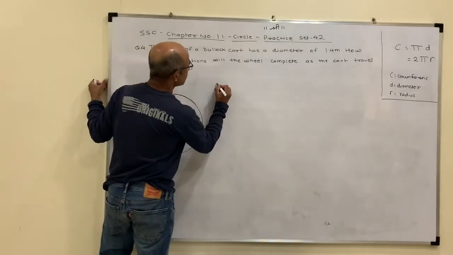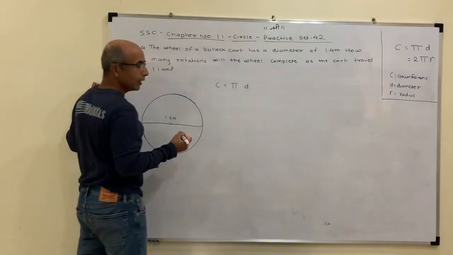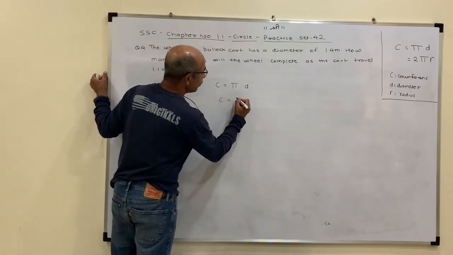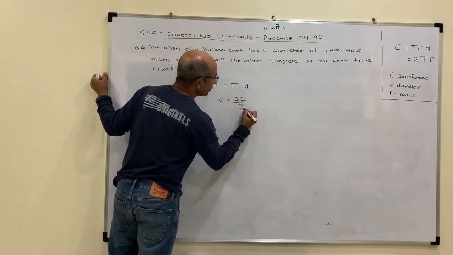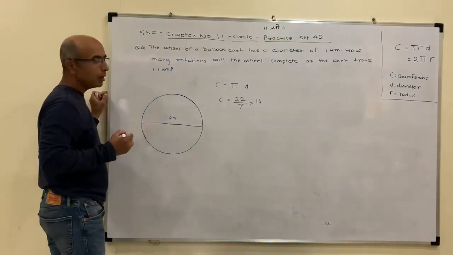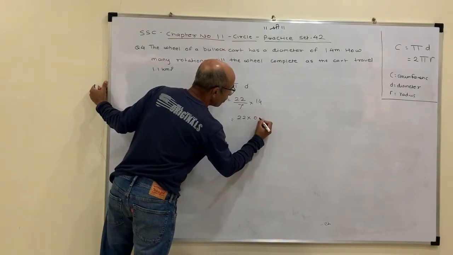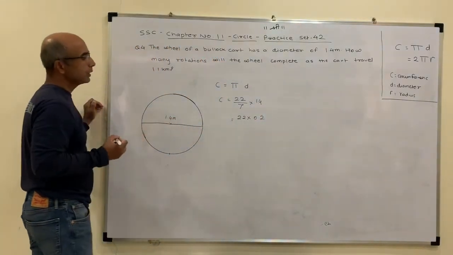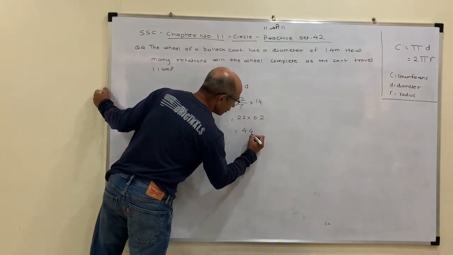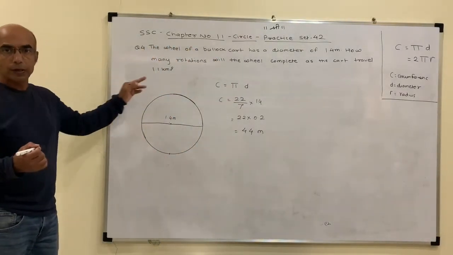So now, my formula is C equals pi d, where C is circumference, equals pi is 22 by 7 into 1.4. So now 22 into 0.2. 7 2s are 14. So now it comes out to be 4.4 meters, which is the circumference of the wheel.